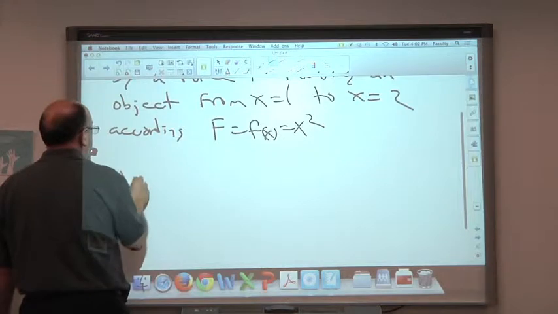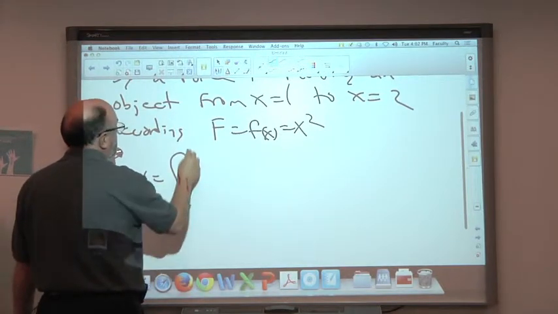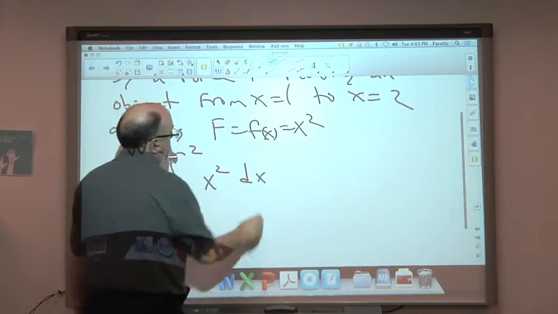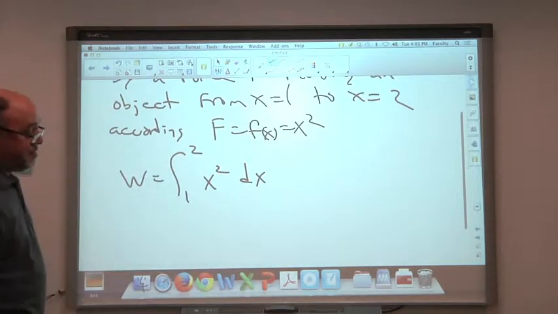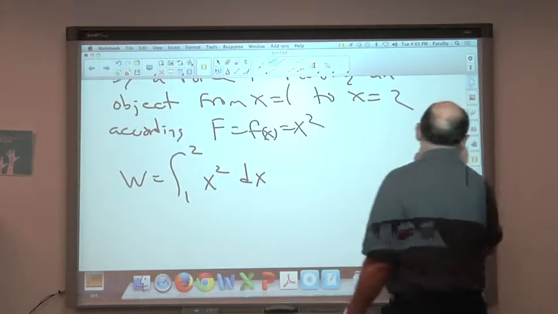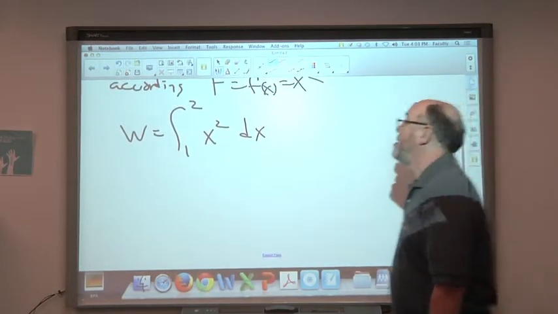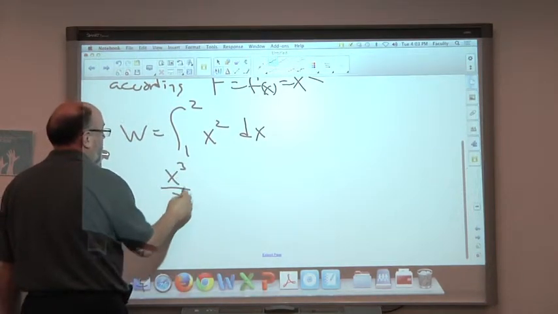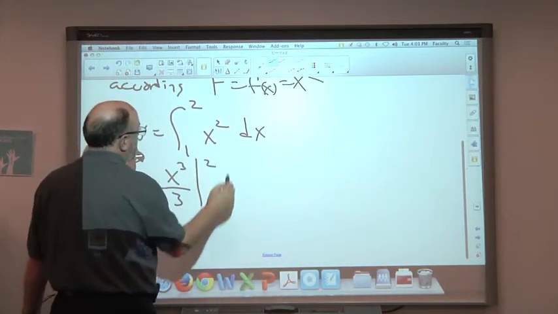So we get that the work is going to be the integral from 1 to 2 of x squared dx. If we integrate x squared, we end up with x cubed over 3, evaluated from 1 to 2.